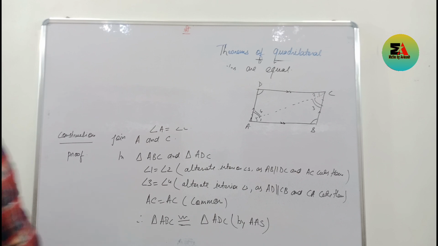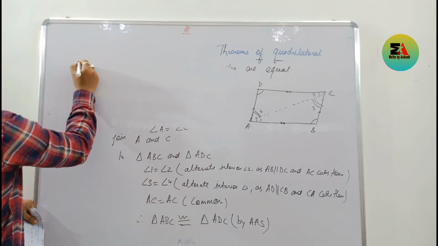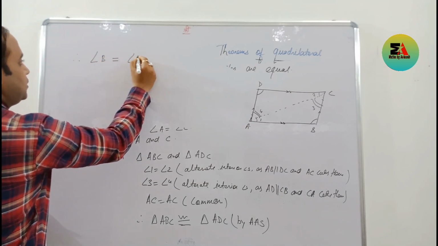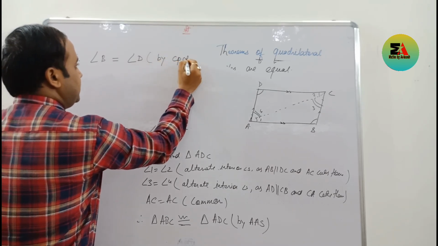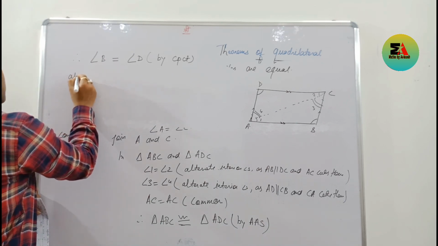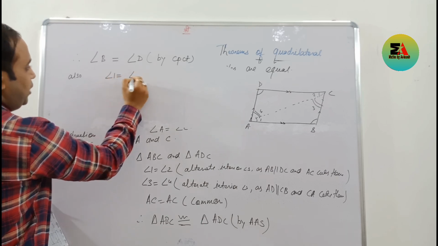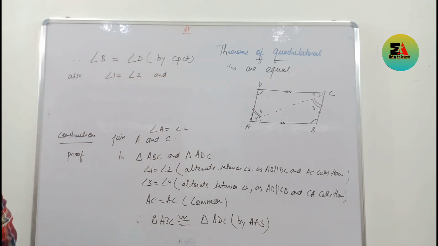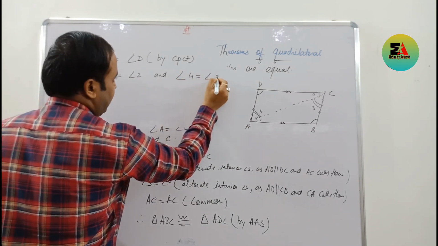When triangles are congruent, then by CPCT what do we write? Therefore, angle B is equal to angle D. Why? By CPCT. And also angle 1 is equal to angle 2 and angle 4 equals angle 3.